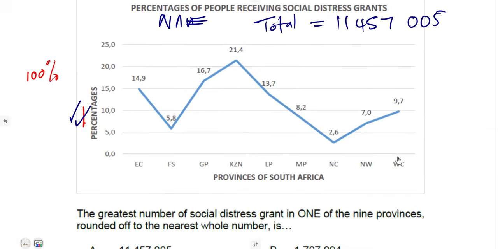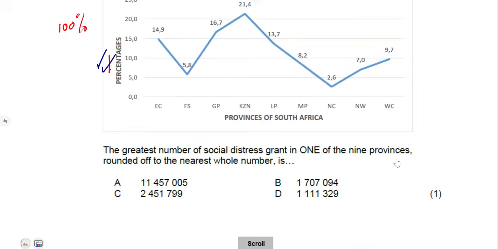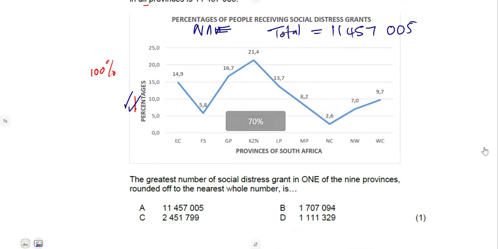Then the question is, from this information, this diagram, the greatest number of social distress grant in one of the 9 provinces, rounded off to the nearest whole number, is what? The greatest.